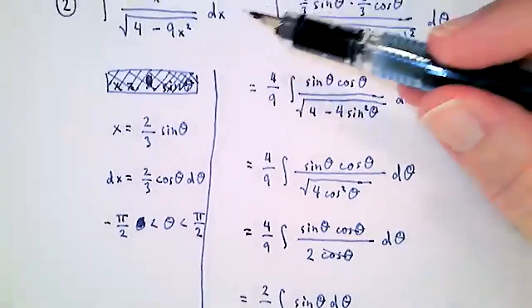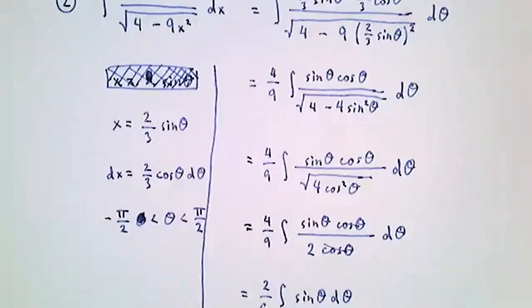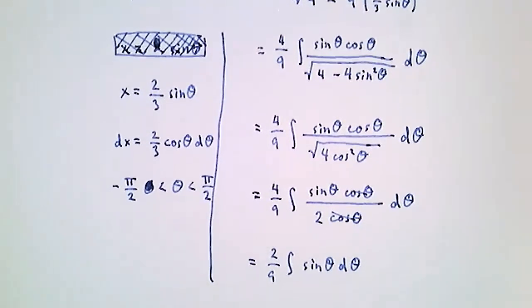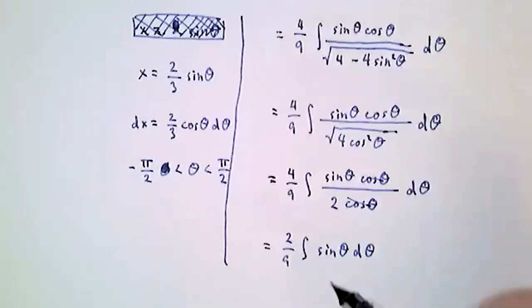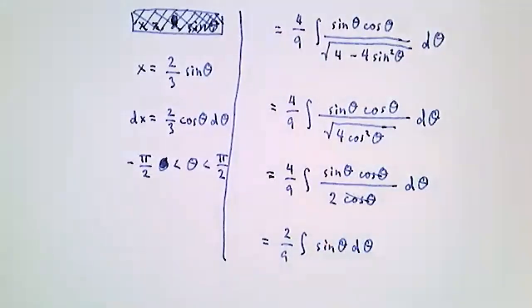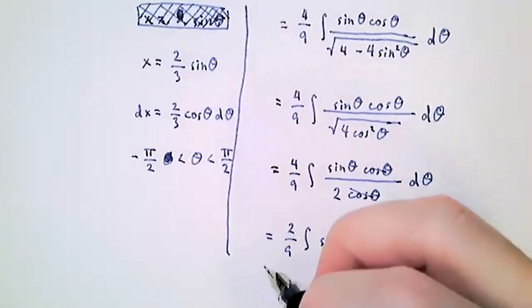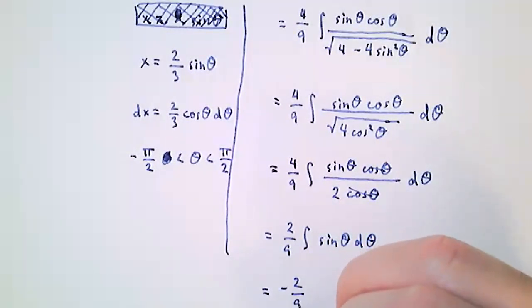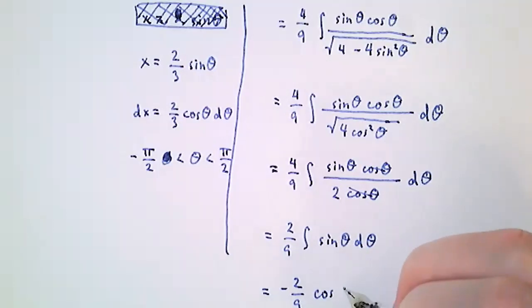Okay, so we did a lot of work with trig functions in order to simplify our integral down into a single sine function. We know the antiderivative for sine is negative cosine. So we get minus 2 over 9 cosine theta plus c.